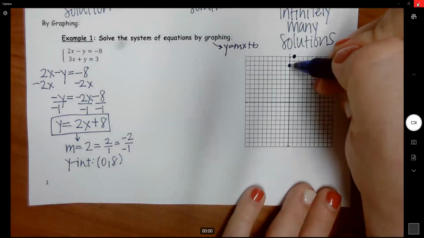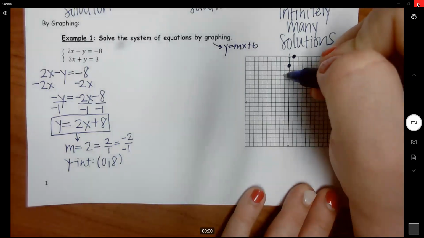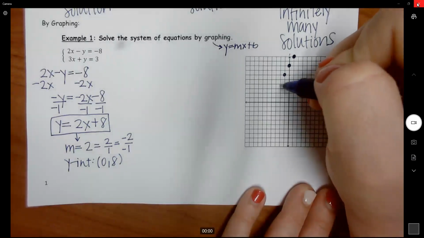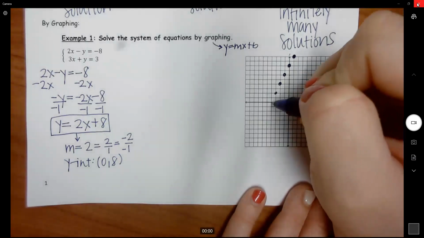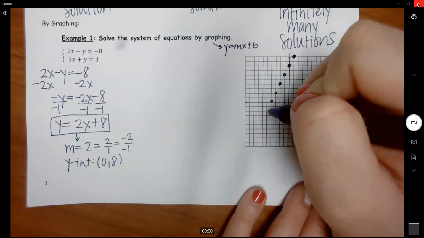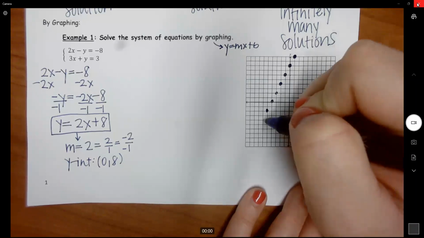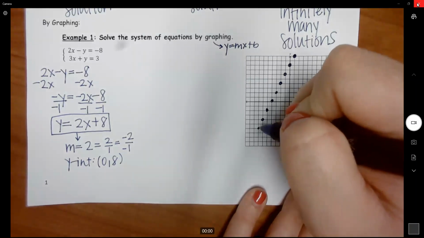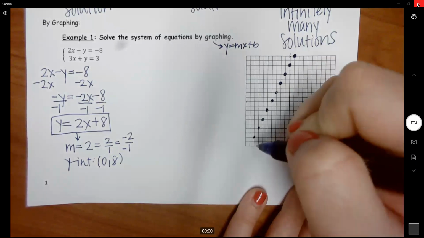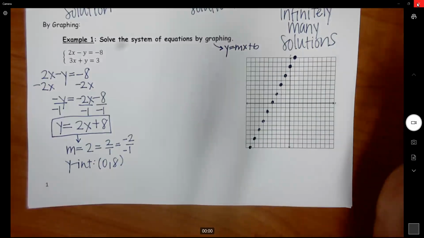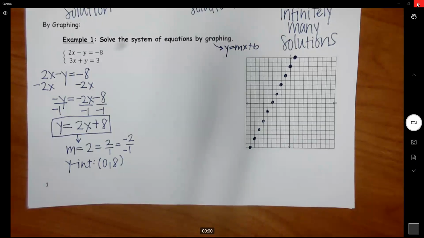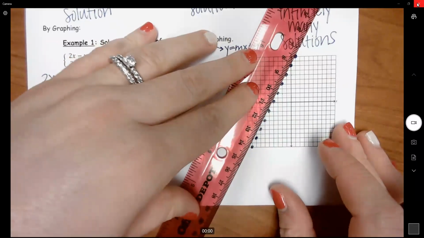So from this point, I can go down 2 and run a -1. Down 2, run a -1. And I'm going to do this for the entire graph. All right. So here is my first line.